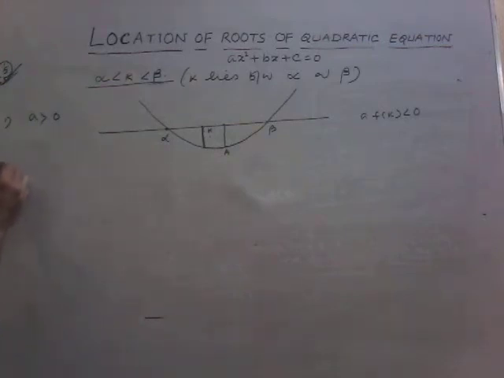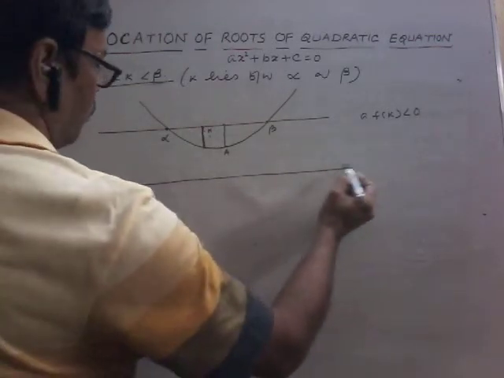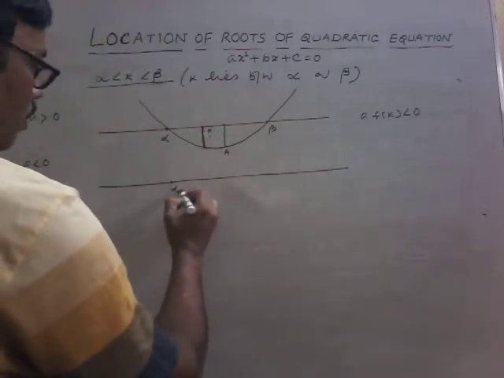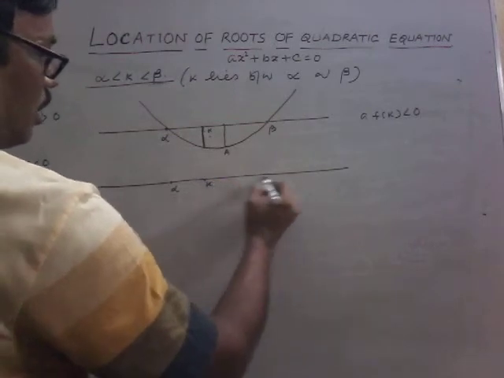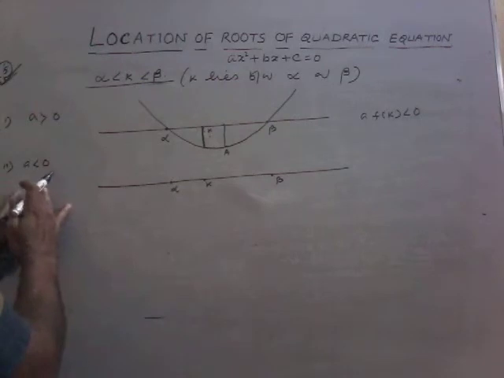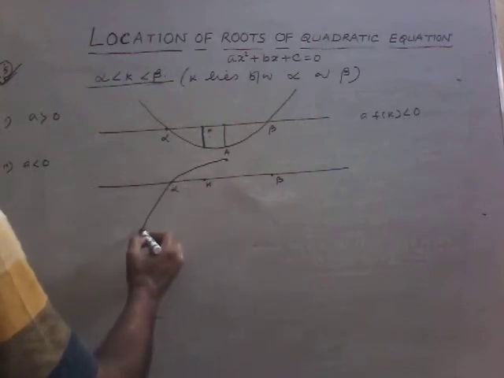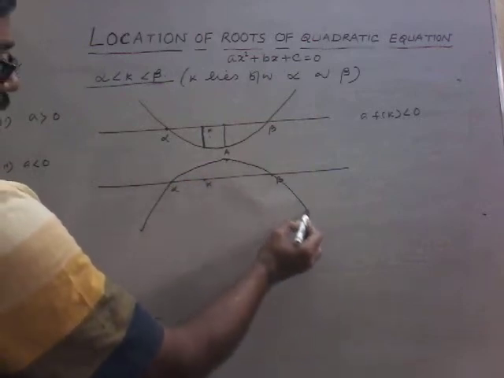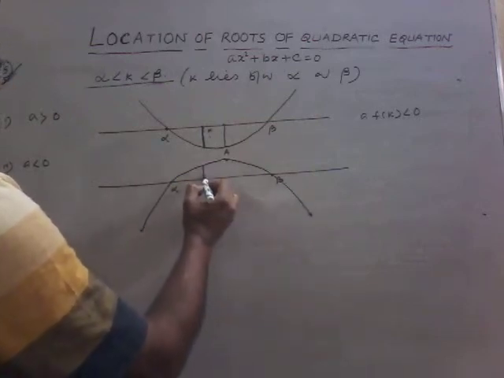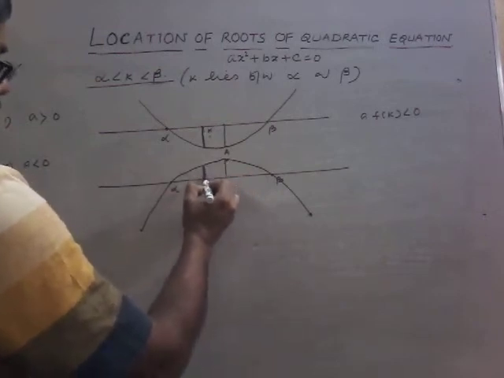So for the second one, we get the same condition. Look, this is alpha, this one is k, this one is beta. So a less than 0, so it opens downwards. Look, this is Fk.